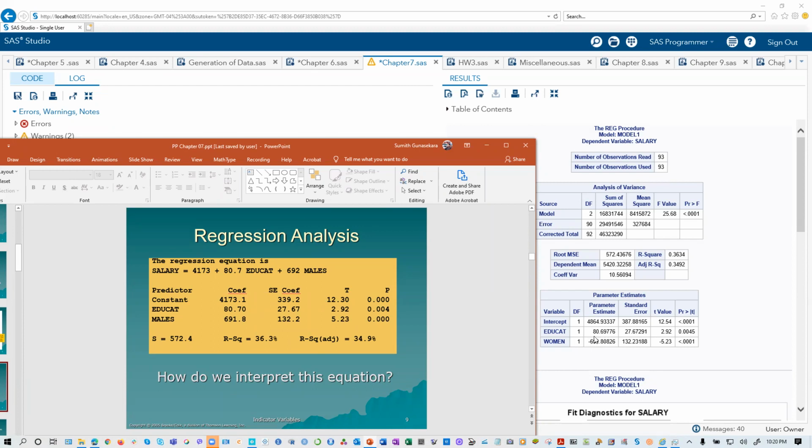This one, 48, 64, because the intercept is going to change. See, these two things are negative because this time they have subtracted. You're going to get the same value, but negative. This one, 80, is the same thing. Educate is not going to change. This one is going to change.